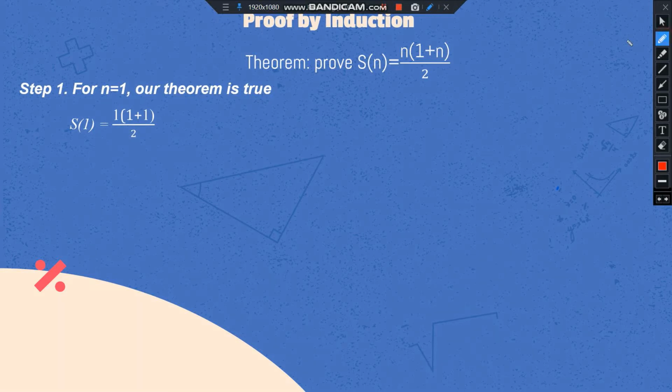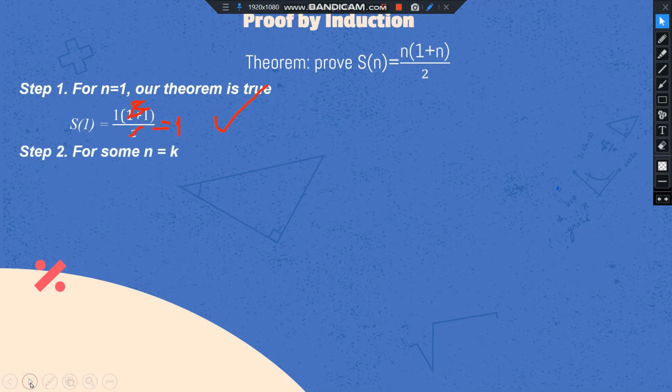So here we need the sum until 1 to be equal to 1. But we don't know. So 1 times 1 plus 1, that's 2. And 2 over 2 is 1. And 1 times 1 is equal to 1. Therefore, it is true. We can move on to the next step.